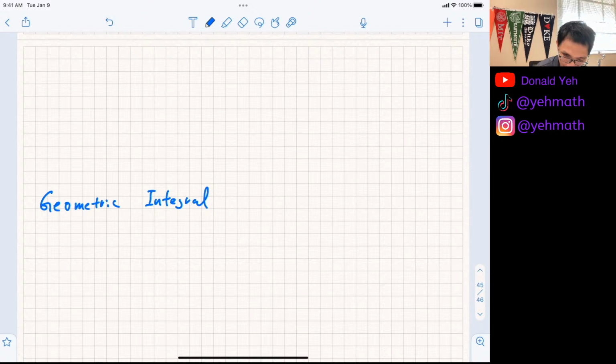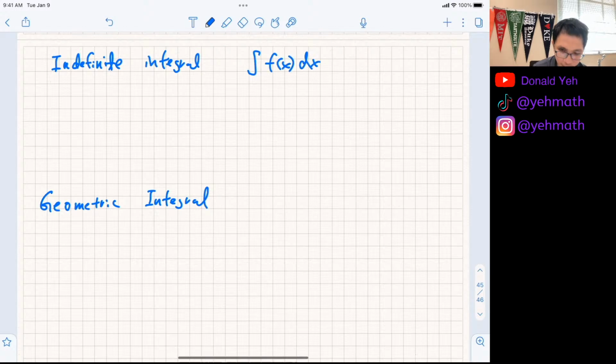All right. So first of all, we did the indefinite integral. The indefinite integral is just integrating the function, and it's going to give you something like big F of x plus c.